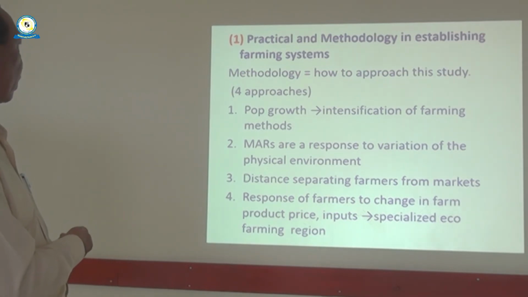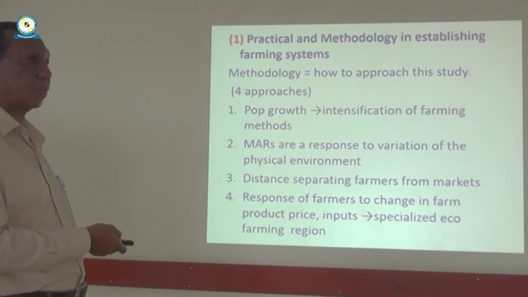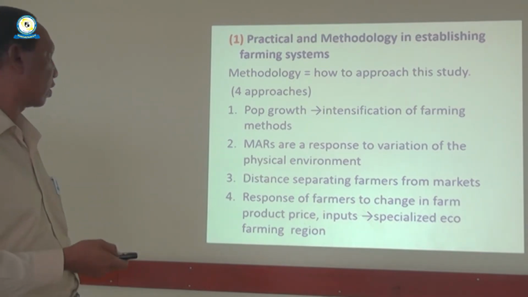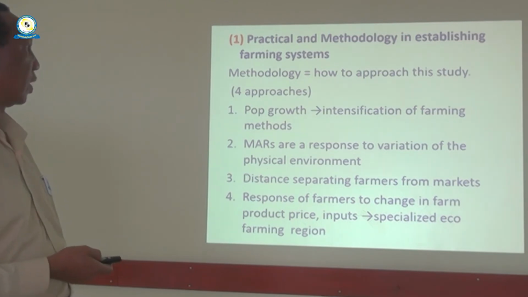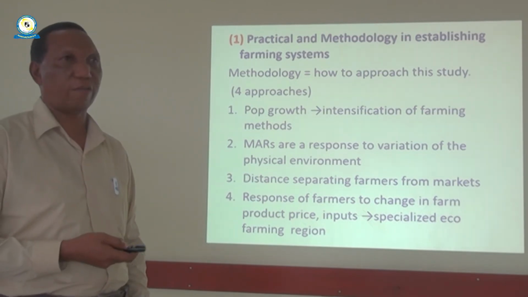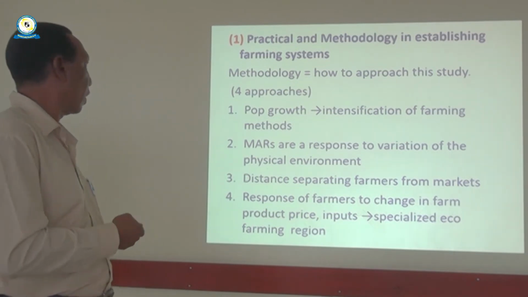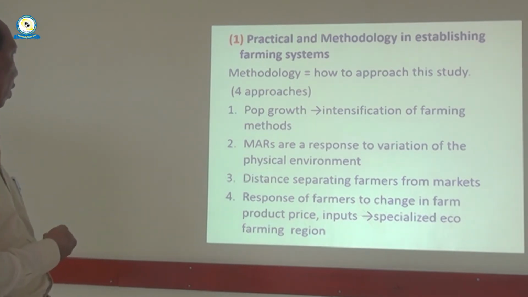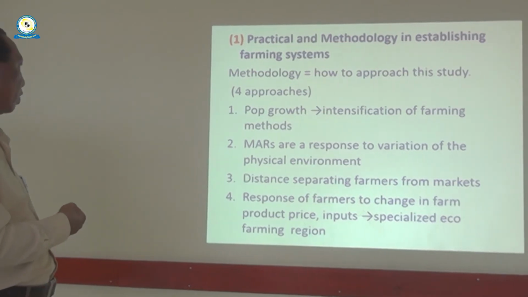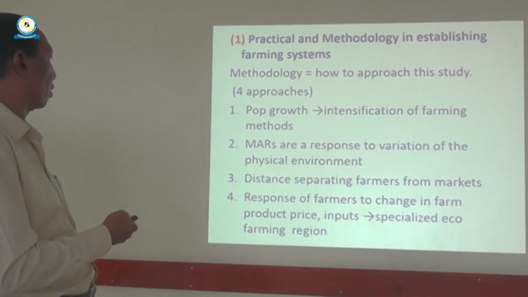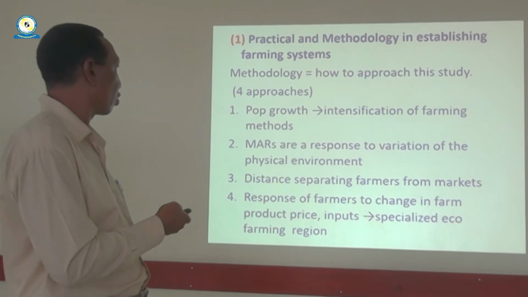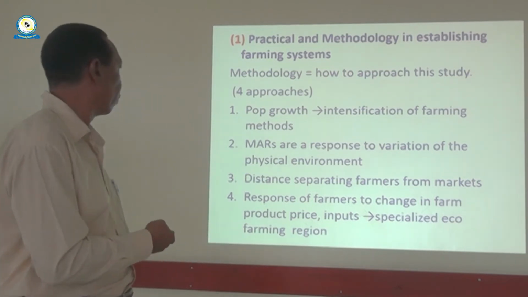The approaches we are referring to are four. We have population growth. As the population increases, there is also the need to intensify farming because the land becomes scarce. The other approach on how major agricultural regions were determined is the response to variation of the physical environment.